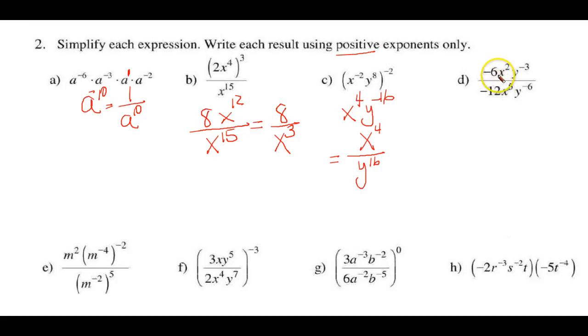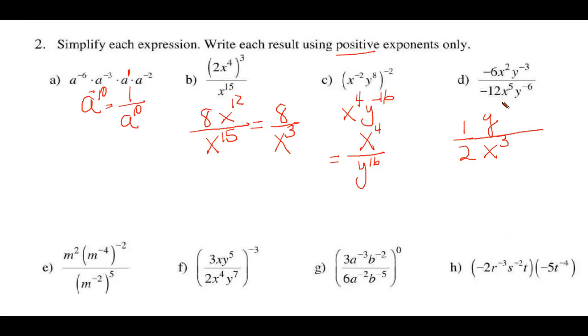Now here we can figure out what will be our sign. Well, our sign here will be a positive. In fact, when we do this division, we get a positive 1/2. Now we're going to bring x to the second down, get x to the third in the denominator. We're going to bring y to the -6 up. That makes it a positive 6.